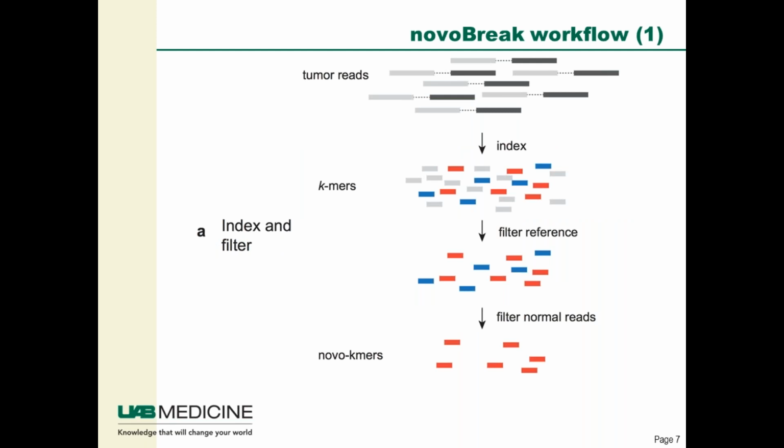Here's the workflow of NovelBreak. NovelBreak starts from sample reads. It can be tumor reads. First, the short reads will be chopped into k-mers, and we will index the k-mers into a hash table or a dictionary data structure. Then we will filter against the reference.